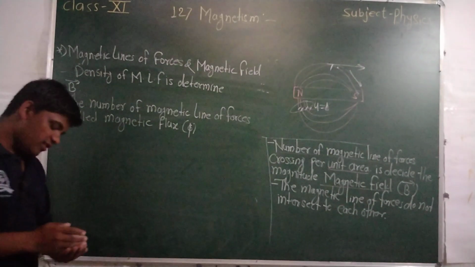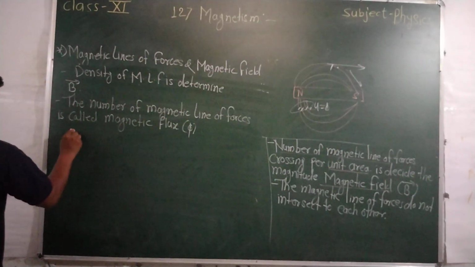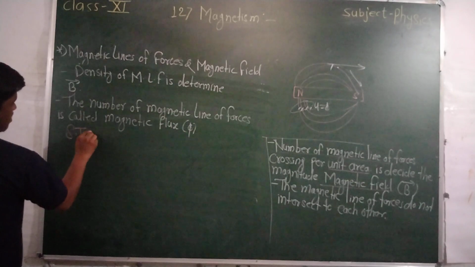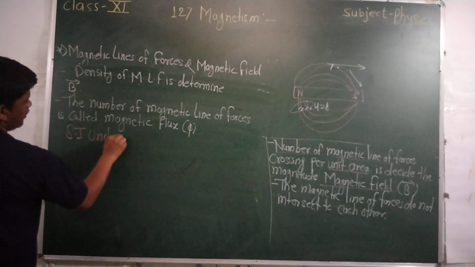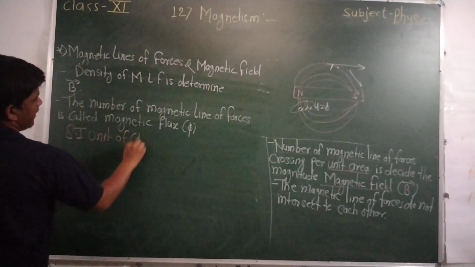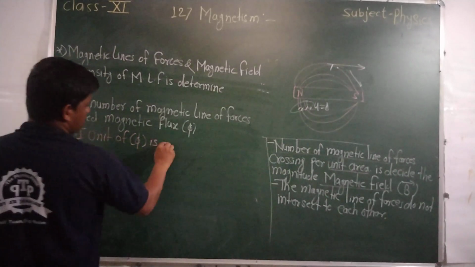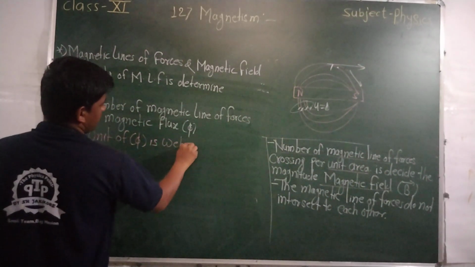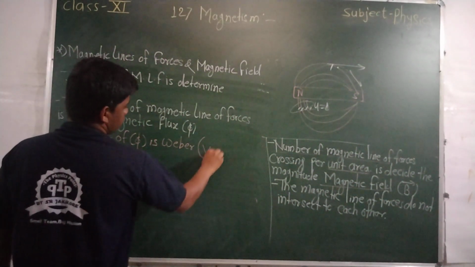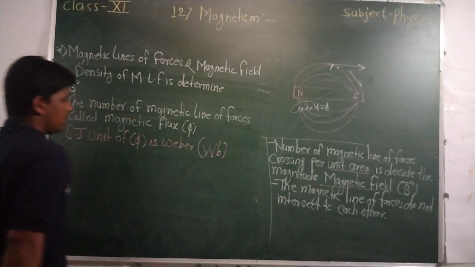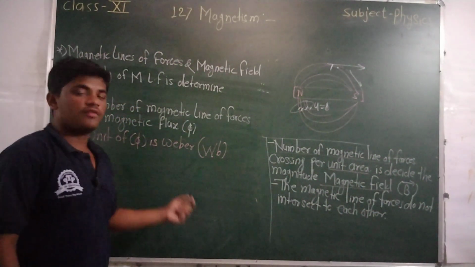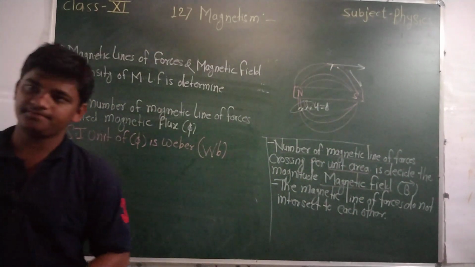Then the SI unit of phi is the Weber, that is Wb. This is the SI unit of the magnetic flux.